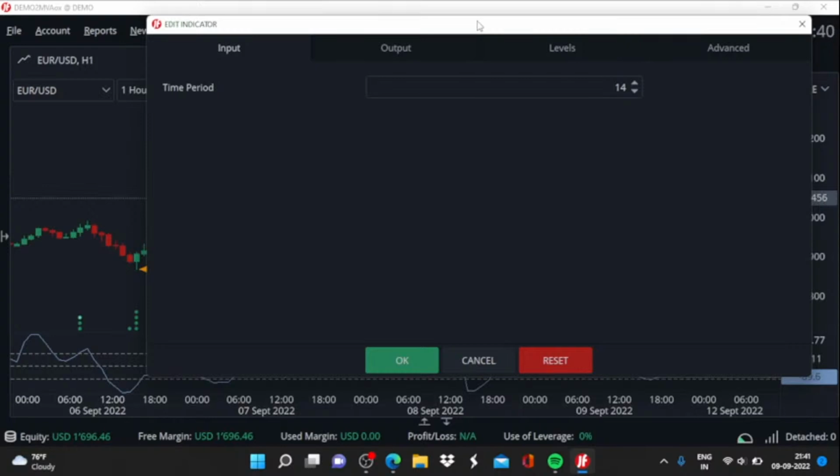If there is too much of a deviation from the average price, then we have the extremes reached on the indicator's output values, and if we have the underlying instrument trading within the range, then generally speaking we will have the values within the range below 100 on the upper side and above minus 100 on the lower side.